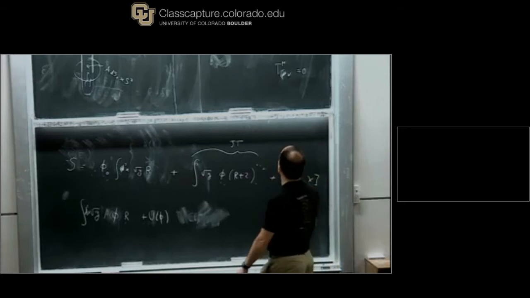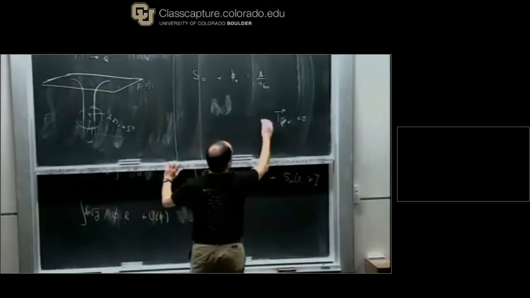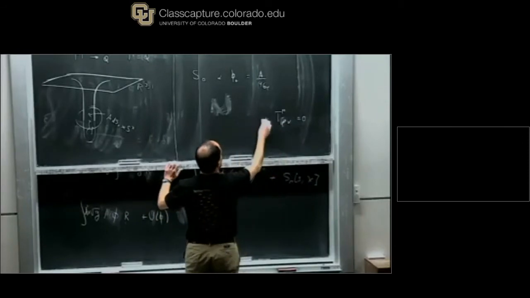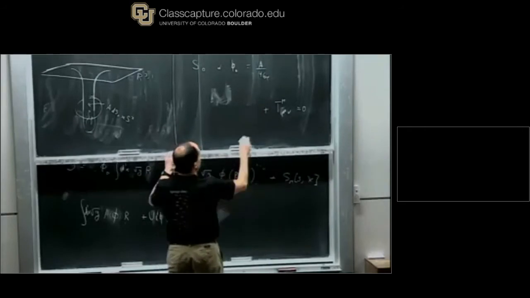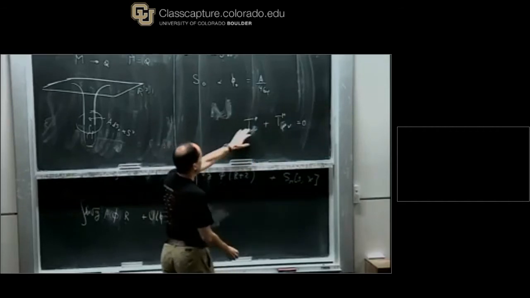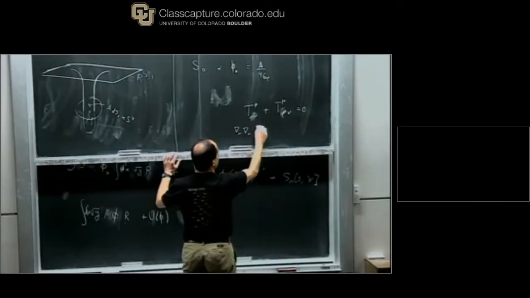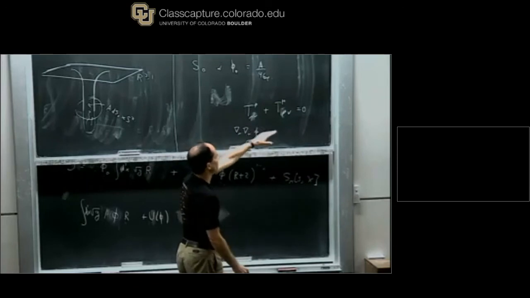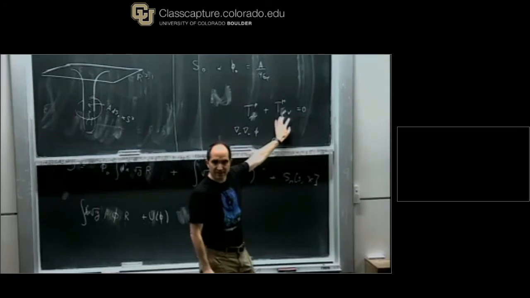And now we had this issue when we calculate the equations of motion for the metric. And now we'll have also some kind of stress tensor that we get from phi. So we take derivatives with respect to the metric. We have a kind of stress tensor for phi. So let me call it T phi mu nu. And this stress tensor for phi has a bunch of derivatives. So it has the form of, roughly speaking, second derivatives acting on phi plus some other combination of second derivatives. And it basically sets the value of phi in terms of the stress tensor of matter. Okay.